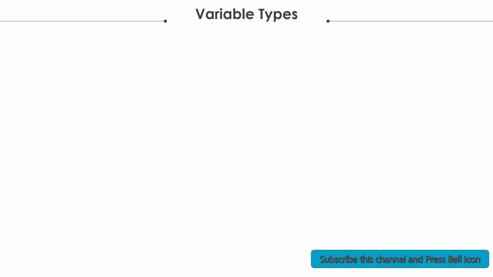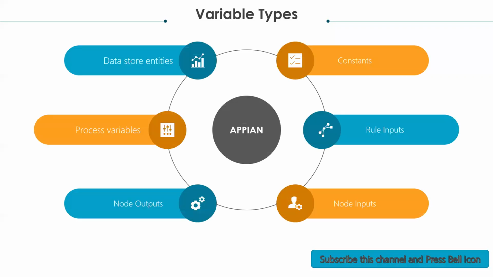Before understanding primitive system data types, we need to understand the various variable types used in APN. We are holding data in various types of inputs, which are process variables, node inputs, node outputs, rule inputs, data store entities, or constants.